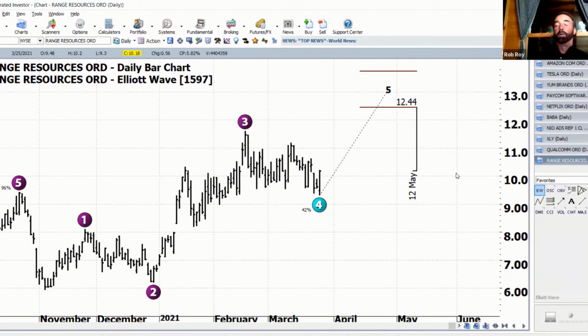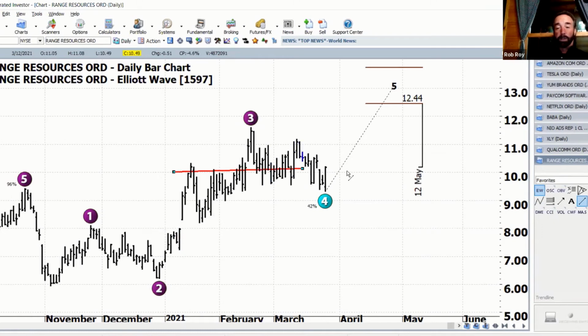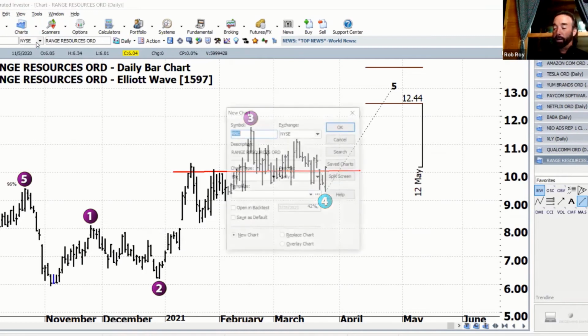Perhaps we got a little bit spoiled last year with the market moving relatively quickly, but it just doesn't always go that way. So we have a wave 4 here at 42%. So that gives us the target up at 13, which has been the target price. All in all, you look at it, it's held in there really well. And the support resistance line there is 10. It had broken below it, but it got back above it today. So if we can hold above 10 again, that could be enough to send it moving higher there.